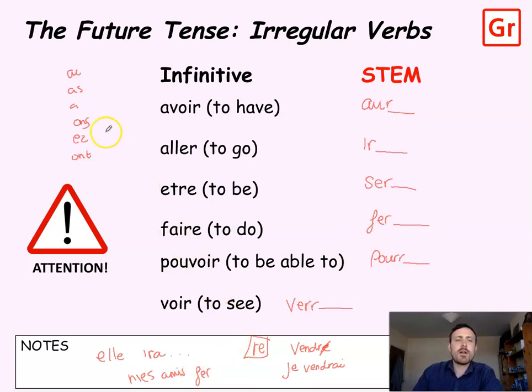And then we're remembering our endings here, and they're not going to change even if it's irregular. Now we're thinking my friends, well that's they, isn't it? My friends go to the shop, they go to the shop, same thing. So it's the ONT ending, and it will be feront, like that. Mes amis feront, whatever you want to say. So that is just a brief outline of some of the main irregular stems for the simple future tense.